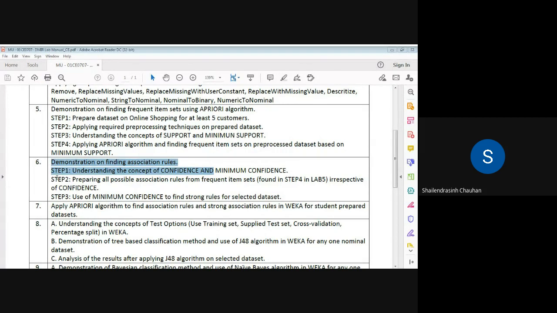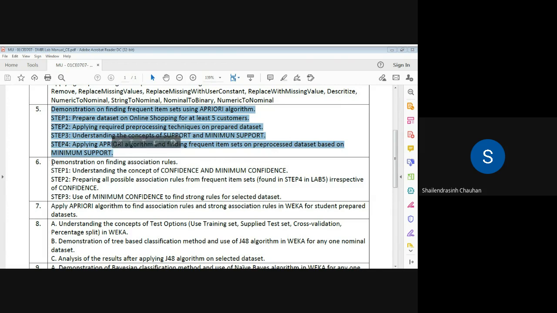We had understood that. Then we found all possible association rules from the largest frequent item set, irrespective of confidence. And then we found strong rules which are fulfilling minimum support and minimum confidence both. Fine. So you can mention the example that we discussed in this sixth practical. The example that we discussed in the fifth one, you can mention in the fifth practical in the previous lab.